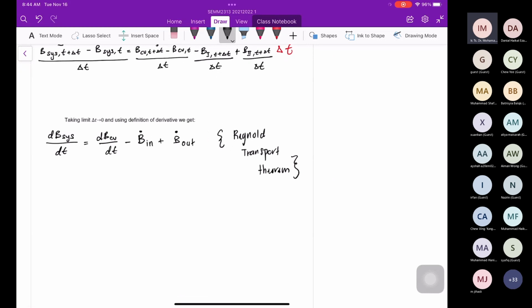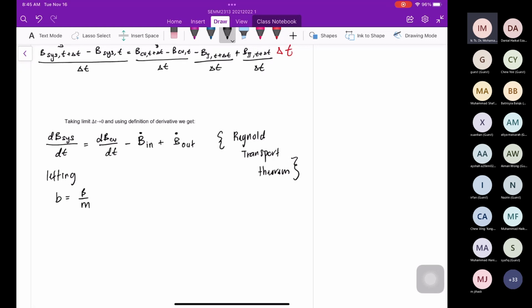So now, letting the intensive property equal B over M. How do I get B over M? Remember that the extensive property relies on mass, so in order to make it equal, we must put a constant here.